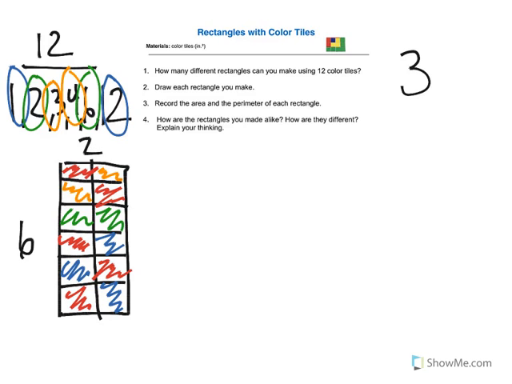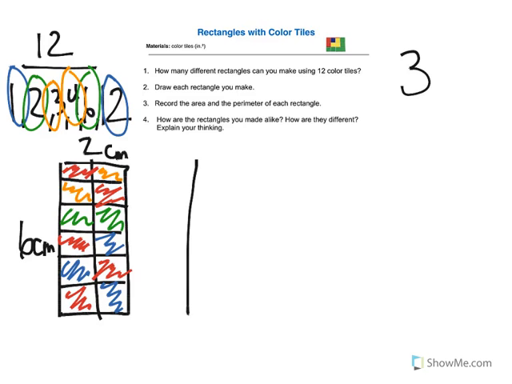Tiles. And let's go ahead and give them some units. So how about we say 6 inches. And actually, let's do centimeters. So 6 centimeters by 2 centimeters. Alright. And then let's do our next one.